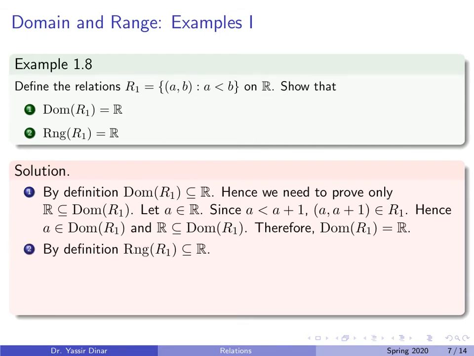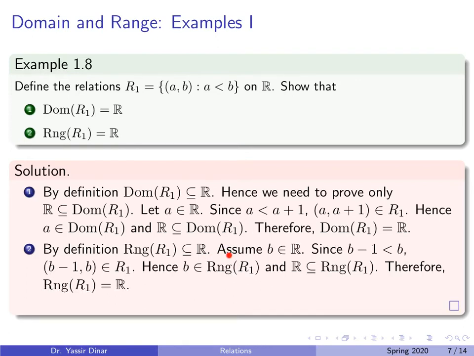Similarly, to prove that the range of my relation is the set of all real numbers, because the relation is from R to R, by definition the range of this relation is a subset of the set of real numbers. So I assume that B is a real number, and I have to find an element which is less than B, and I choose B minus 1.